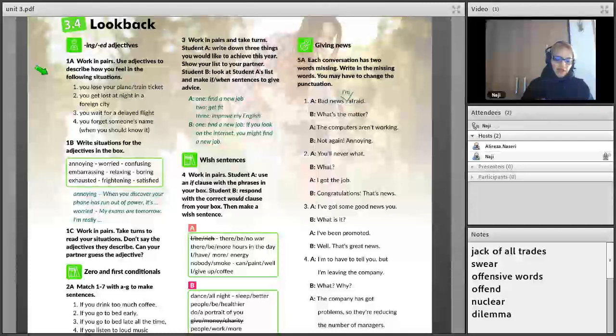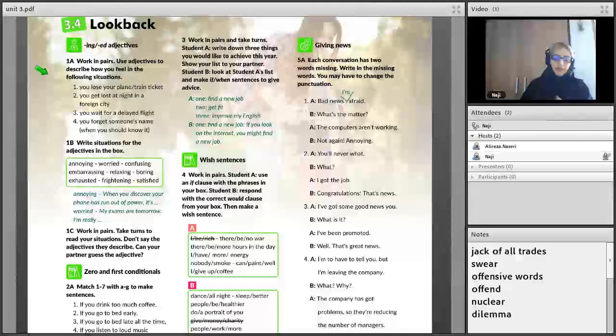These are the adjectives you're supposed to practice here. It means that if you lose your plane or train ticket, how will you feel? Here you can also practice the grammar of this unit.